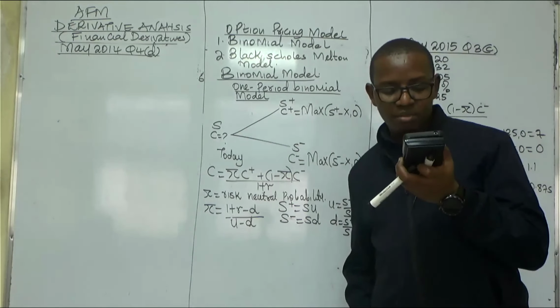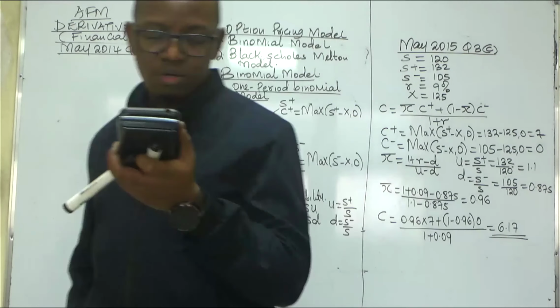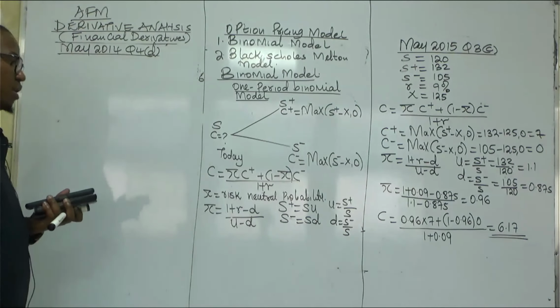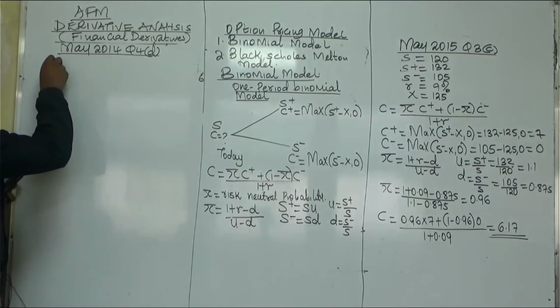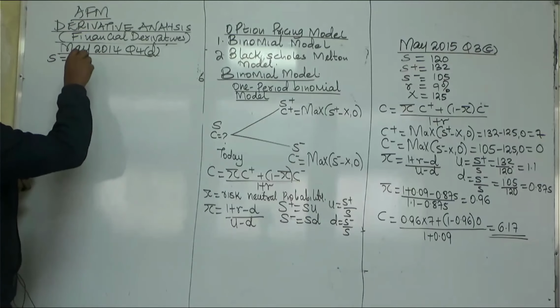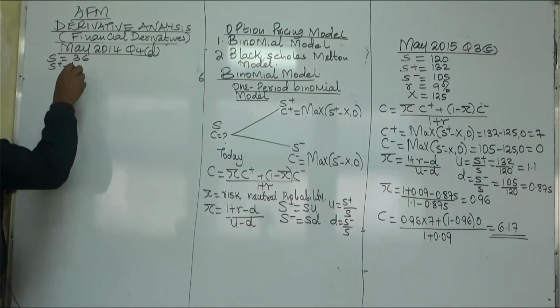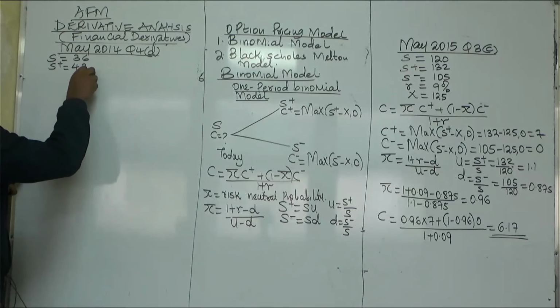If the term to expiration is 6 months and the exercise price is 35. So the current price of this is how much? It is currently selling for 36. Price when it goes up, it may go up to 42.